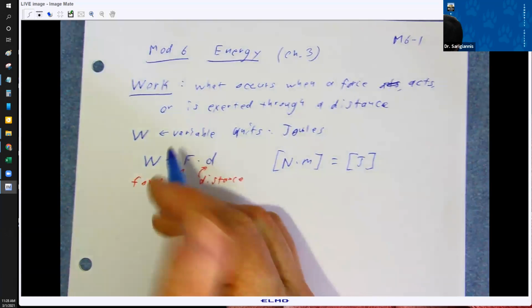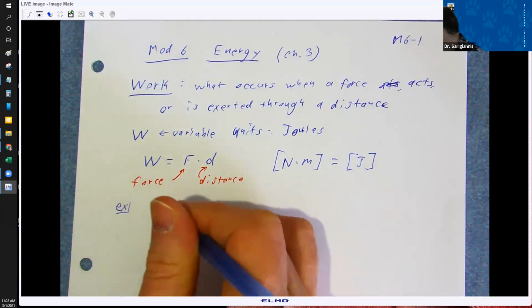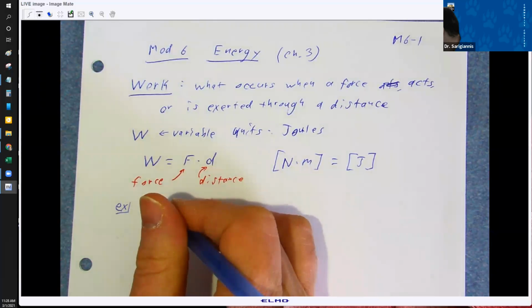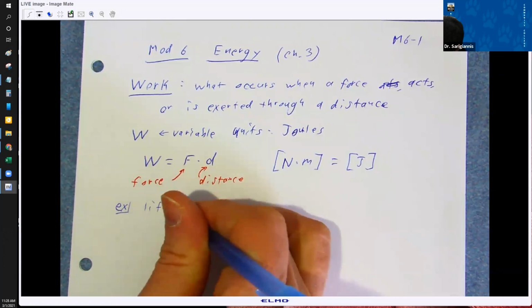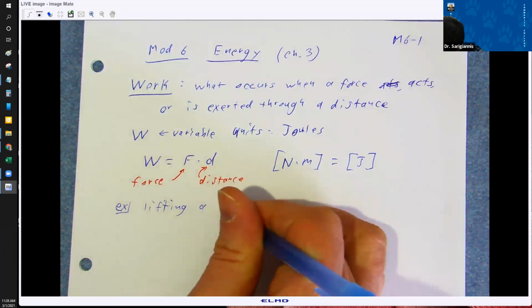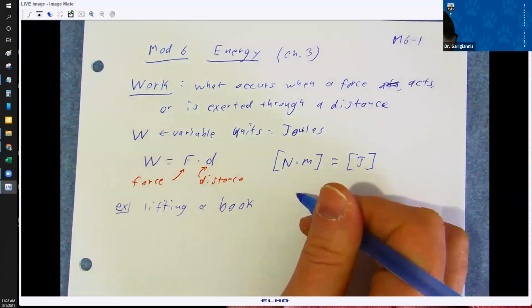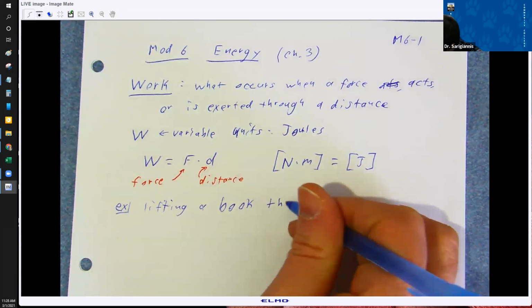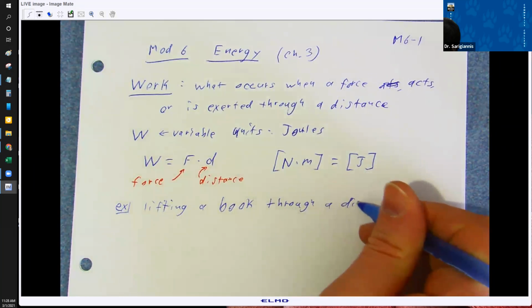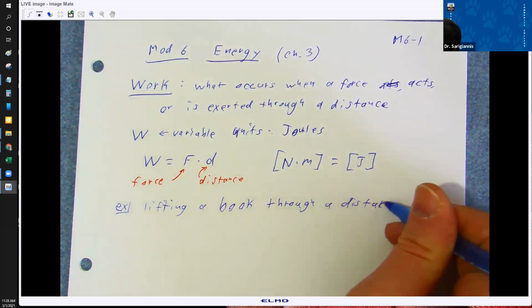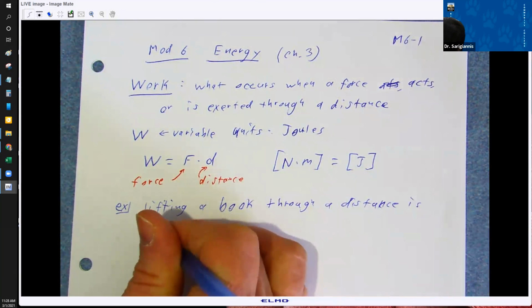So one example, I want to give an example here, just to clarify things, right? Lifting a book through a distance is doing work.